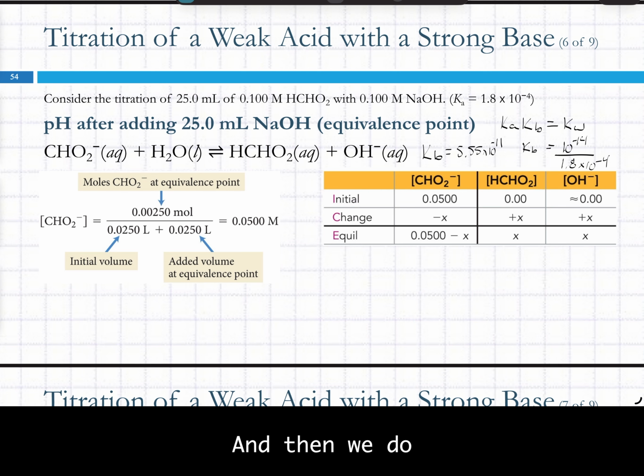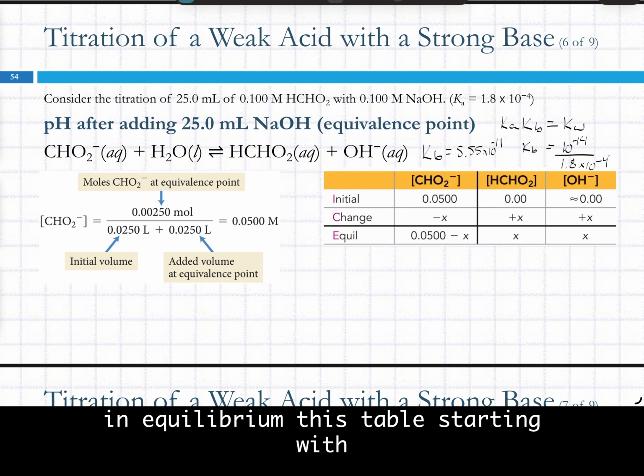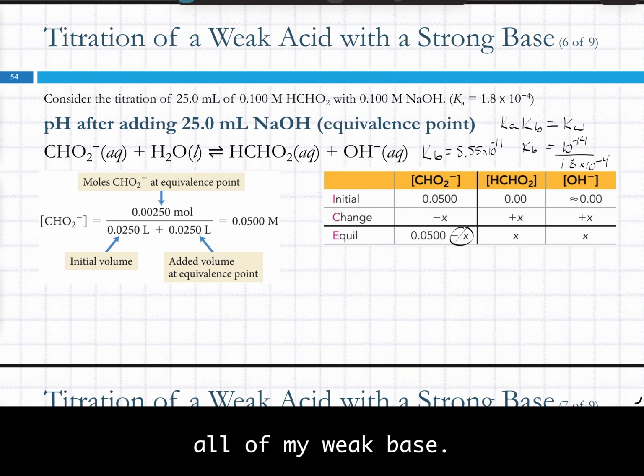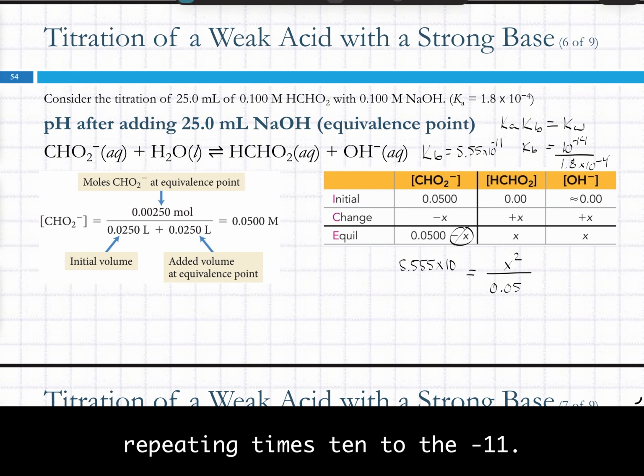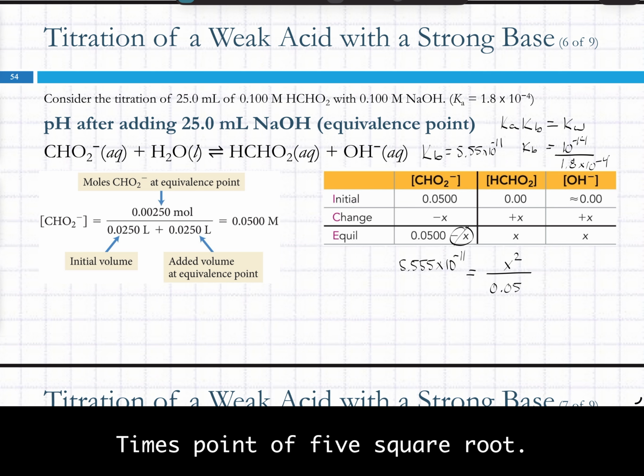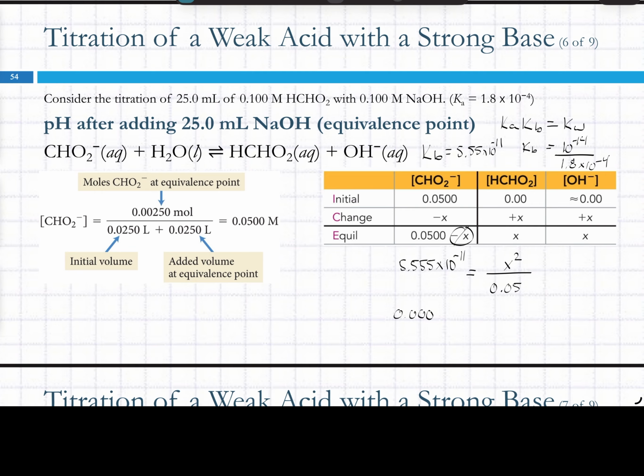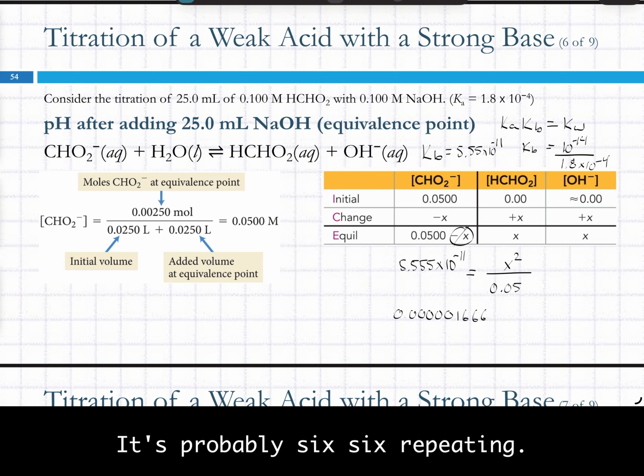And then we do an equilibrium ice table starting with all of my weak base. So x squared over 0.05 equals Kb, which is 5.555, repeating, times 10 to the negative 11. So times 0.05, square root. That's a small number. It's probably 6, 6 repeating.